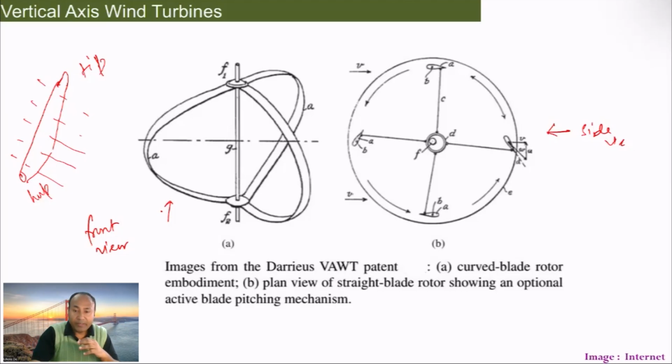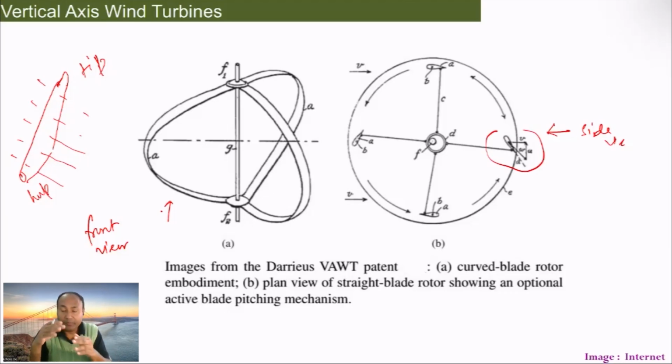Whereas in the particular situation of a vertical axis wind turbine, you have the airfoil sitting here.